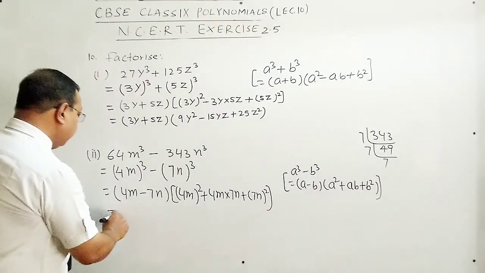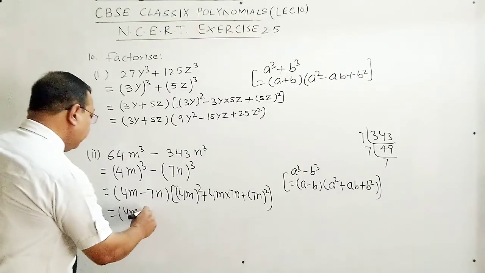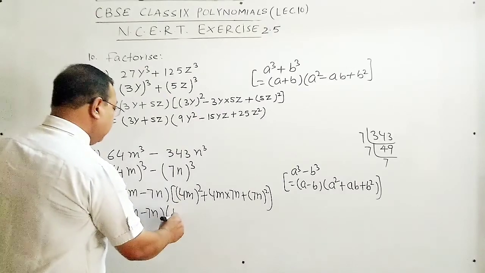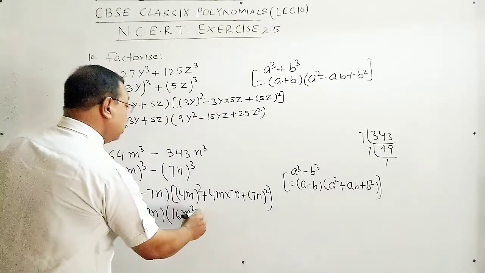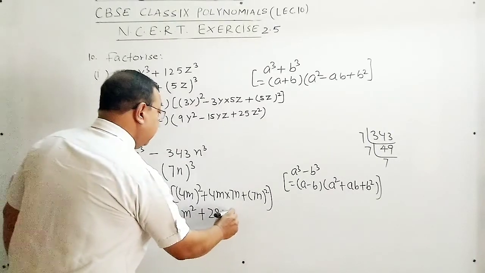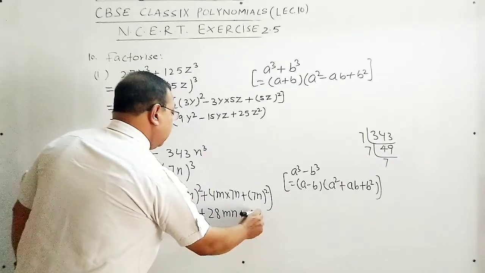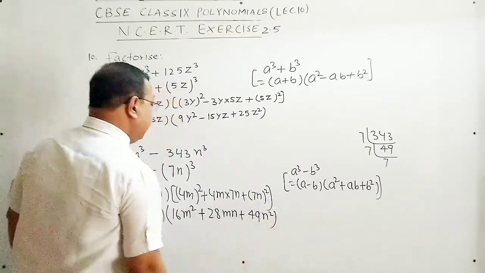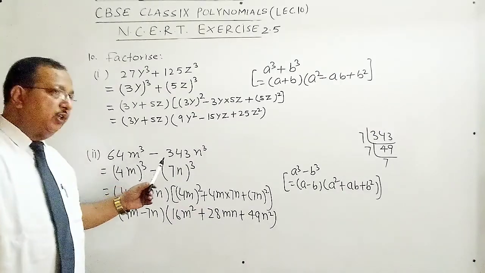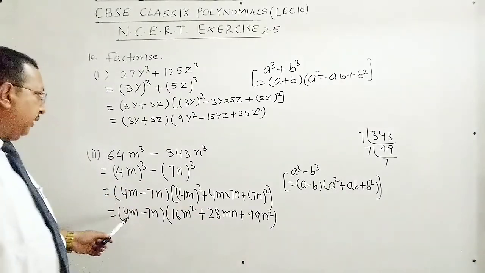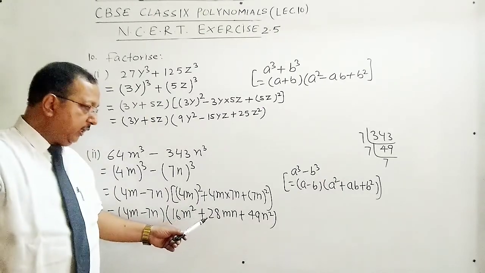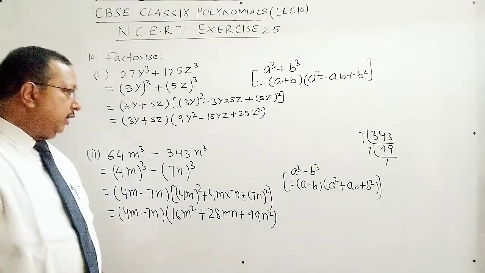And now simplify. 4n minus 7n, 4 square is 16, n square, 4 7s are 28, n square, 7 7s are 49, n square. And the factorization of 64 n cube minus 343 n cube is 4n minus 7n, next bracket 16 n square plus 28 n square plus 49 n square.